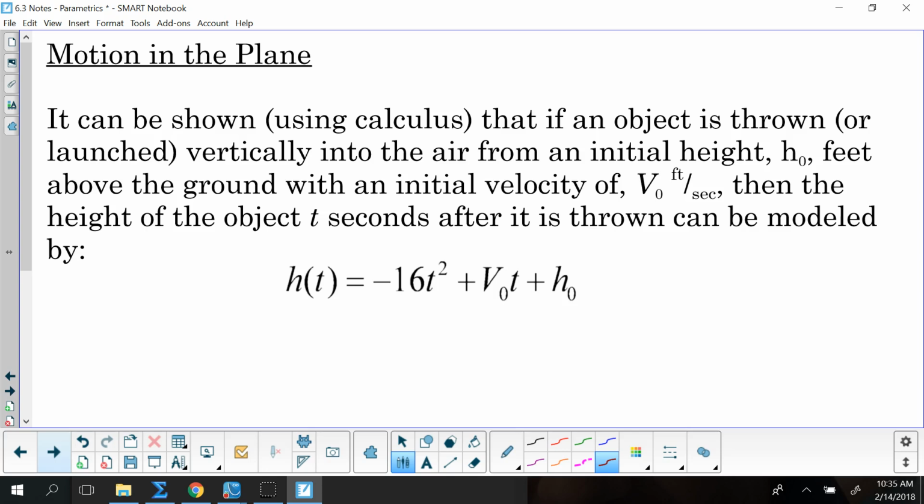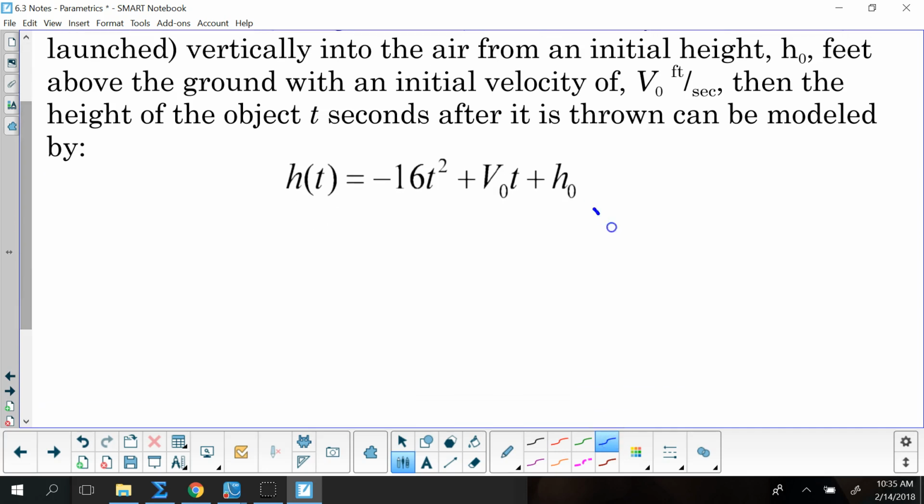The first component is you have your initial height. Okay? How far off the ground I am is going to depend on where I throw this roll of tape from. If I throw it from the ground, that's going to be a different height than if I threw it from on top of West. Okay?